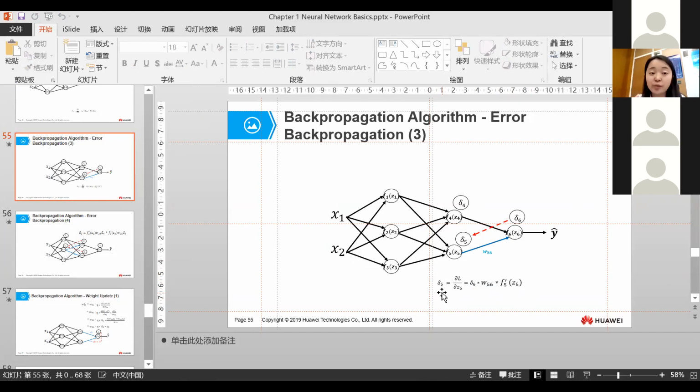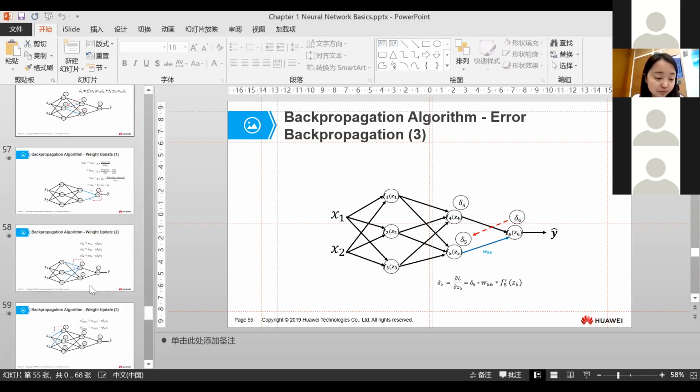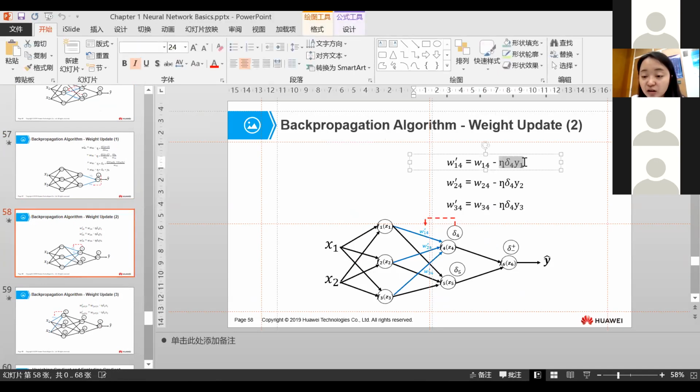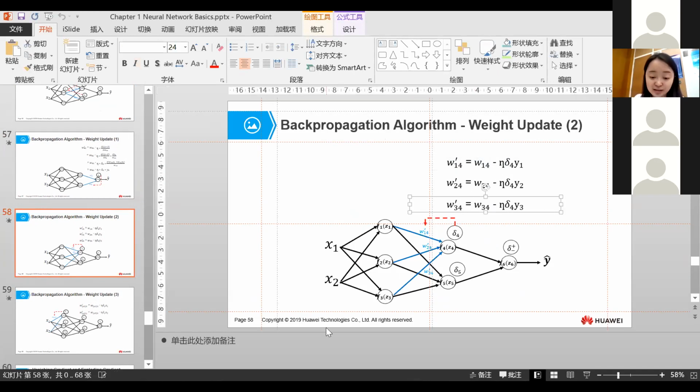So when we update the weights and the biases here, this term, so this sigma, will be very close to 0. That means the weights barely change. That means the model didn't improve this time. So that is the problem of the sigmoid function.